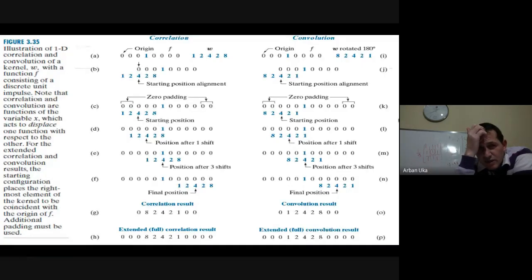The kernel is 1, 2, 4, 2, 8, and the correlation result is the inverse of this one, so it is 8, 2, 4, 2, 1. But if we have the convolution, we start with a kernel which is 1, 2, 4, 2, 8, and the result is again 1, 2, 4, 2, 8.